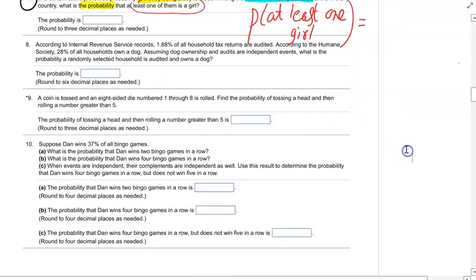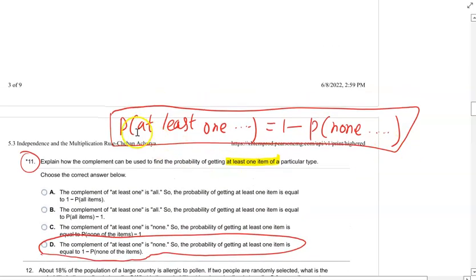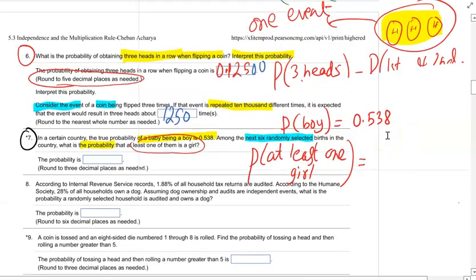And as you remember, we talked about the probability of at least one of a particular event being 1 minus probability of none of the event. Therefore, in this case, you put 1 minus probability of non-girl. Notice that non-girl means what?